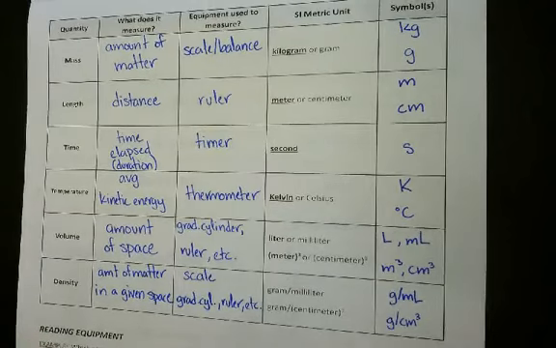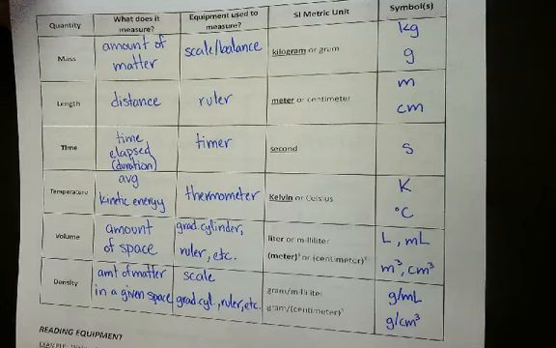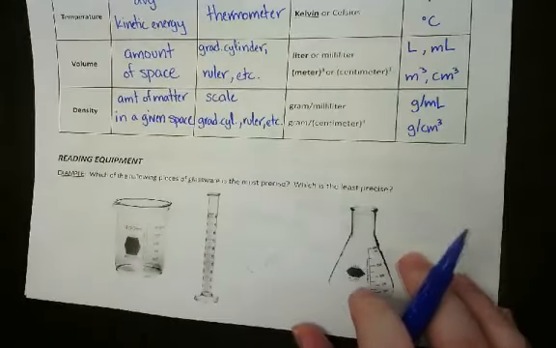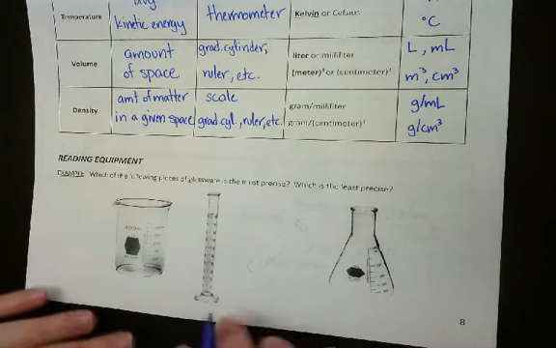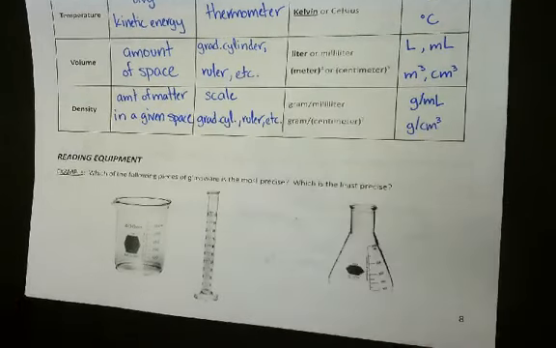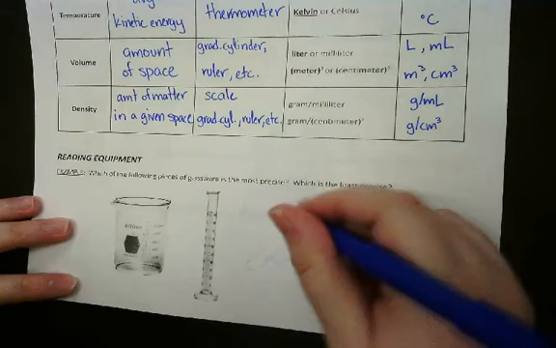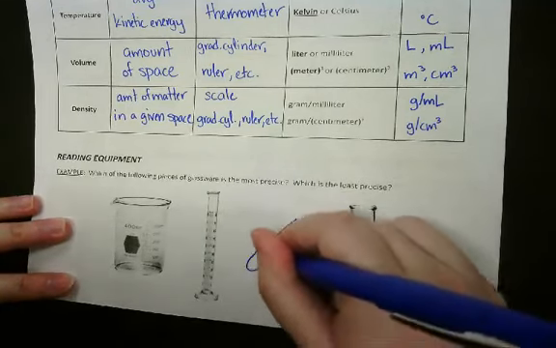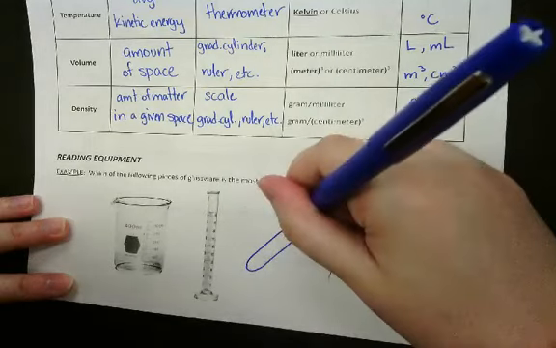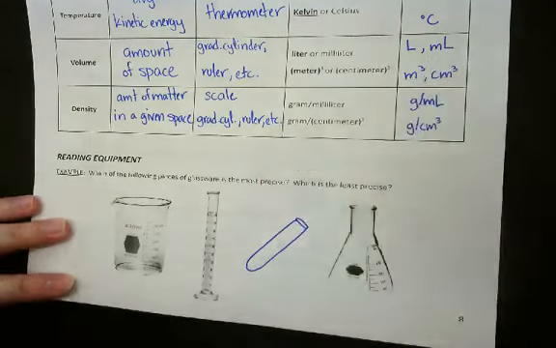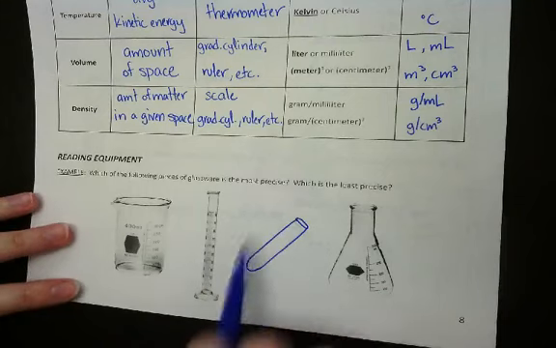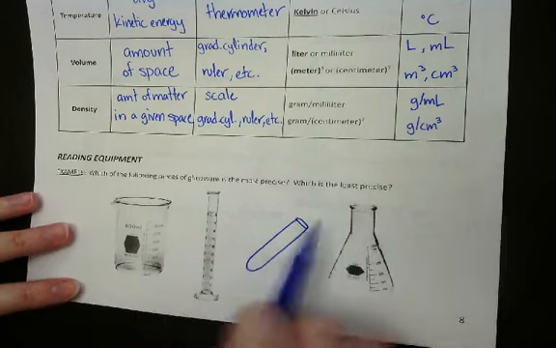Okay, so speaking of these measurements, in order to take these measurements, we need to know how to read equipment. On your sheets, you might not be able to tell, and it's probably not showing up well on the screen, but this right here is supposed to be a test tube. So if you've got what looks like a blank space right there, draw in a test tube.